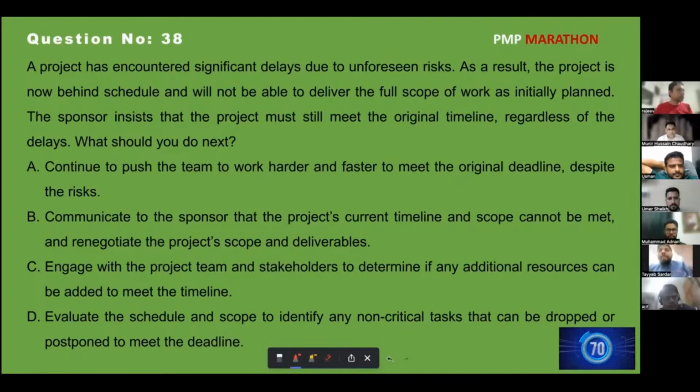A project has encountered significant delays due to unforeseen risks. As a result, the project is now behind schedule and will not be able to deliver the scope. The sponsor insists that the project must still meet the original timelines. Continue to push the team, communicate the project timeline.